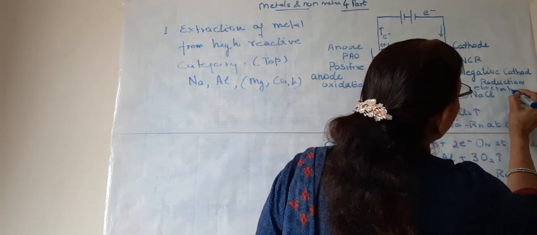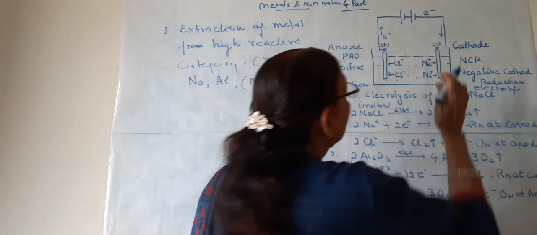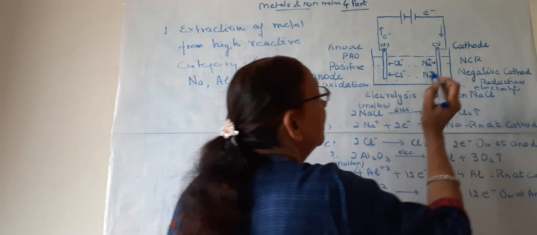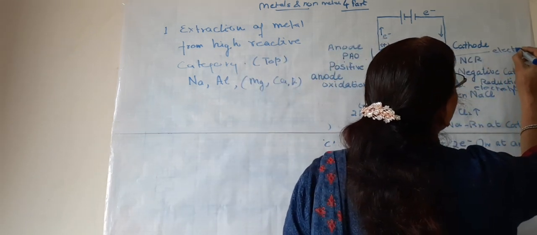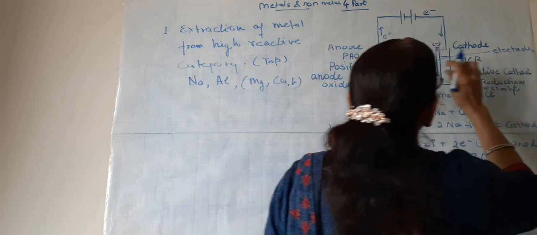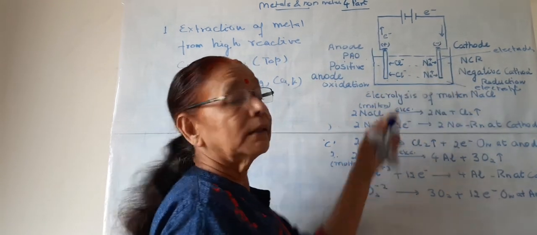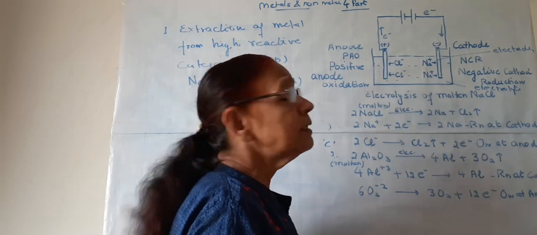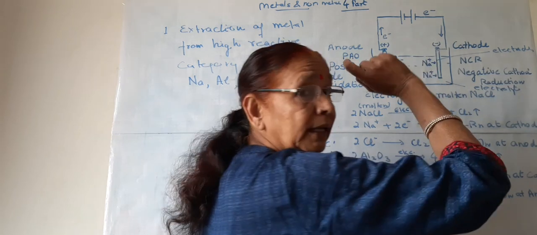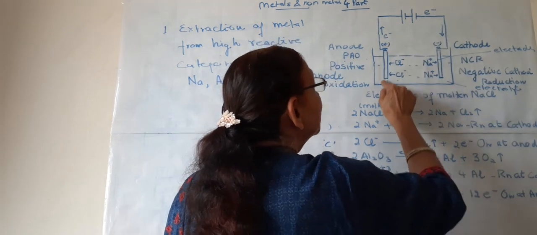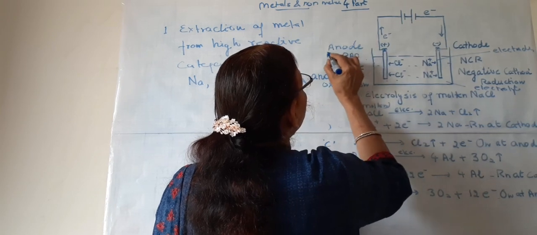Now these two are electrodes. There are two electrodes. One electrode is negative, the other electrode is positive. The negative electrode is known as cathode. The positive electrode is known as anode. This all of you know.